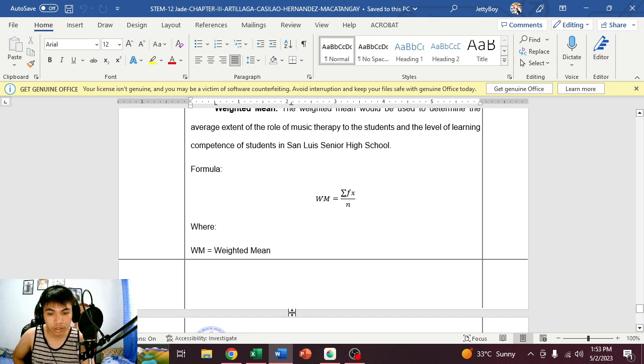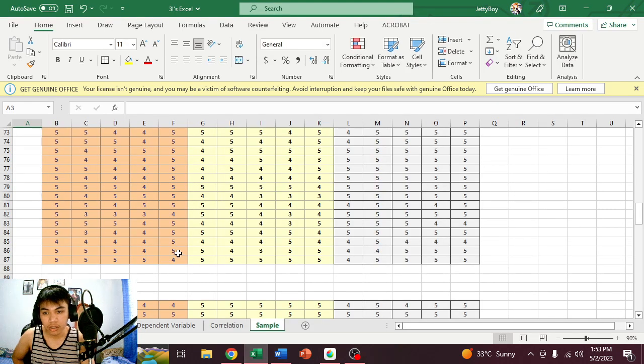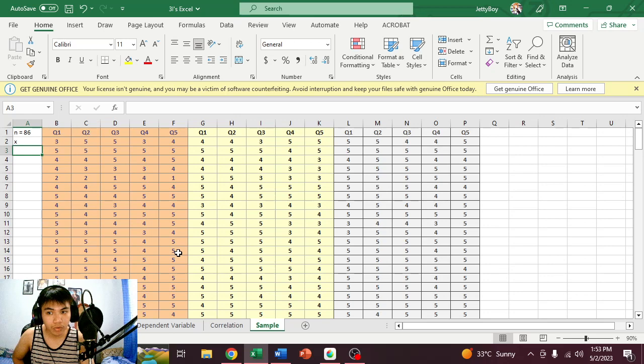But during this time, you can actually just add all the raw data divided by our n, and it will give us our weighted mean. So magtatali ka lang ng data, and then you divide it by your number of respondents, and you will have your weighted mean.